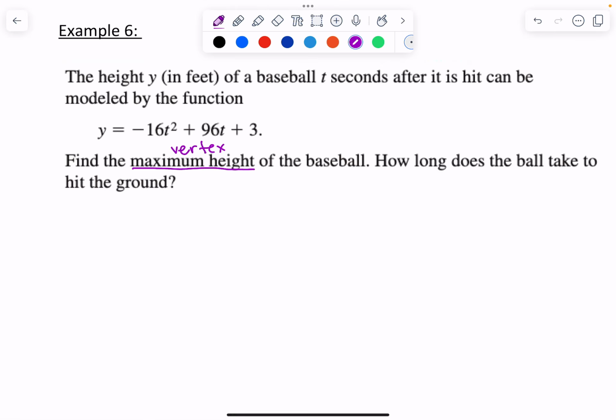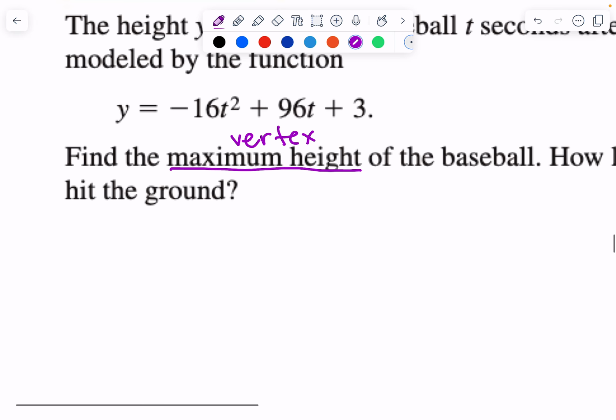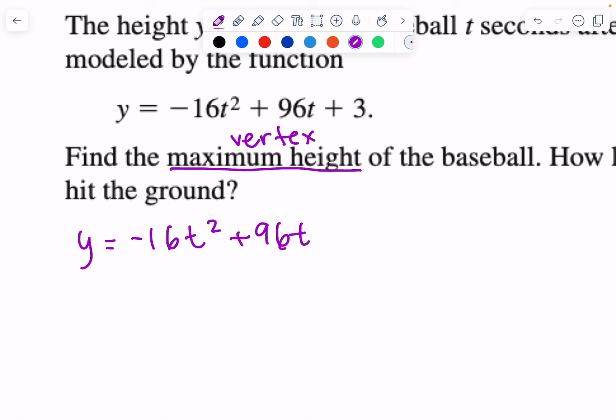So if I wanted to get this into vertex form, remember the first obstacle, the first problem, is that this a value is not 1. Now remember I said that if I want to get rid of that a value and I'm dealing with a function, I can't just divide everything by negative 16. What I have to do instead is factor it out.